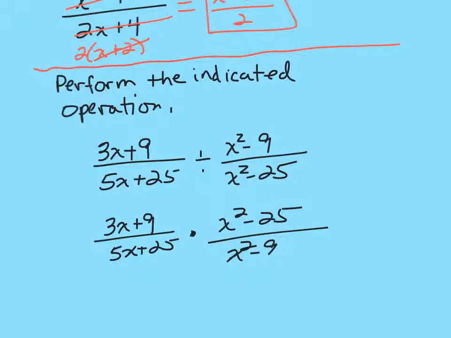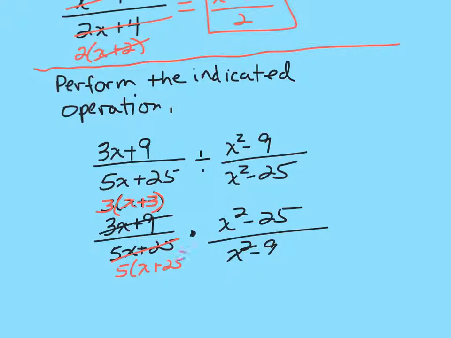So let's go through and factor. Out of 3x plus 9, we could take out a 3. Just going to leave x plus 3. Maybe I should have done that in red to show a different step of the problem here, to differentiate it from what's up above there. There we go. And out of 5x plus 25, I could take out a 5. And that'll leave x plus 5.